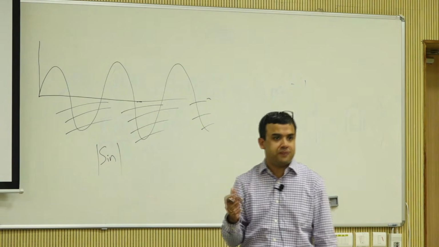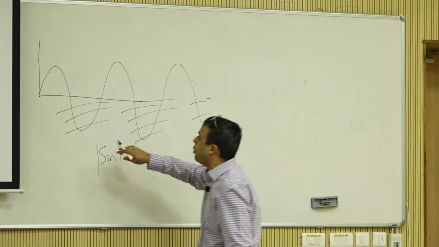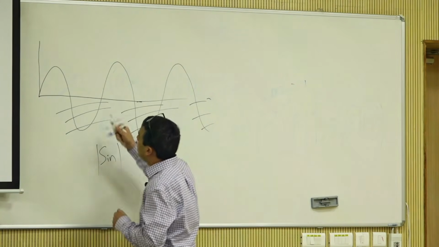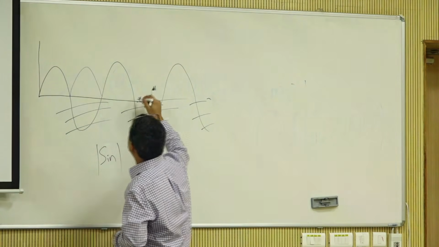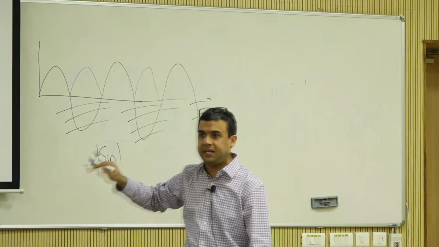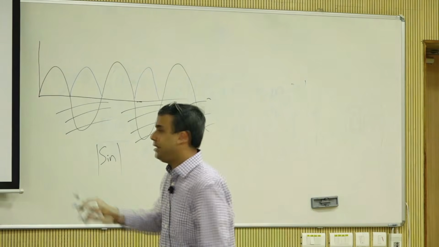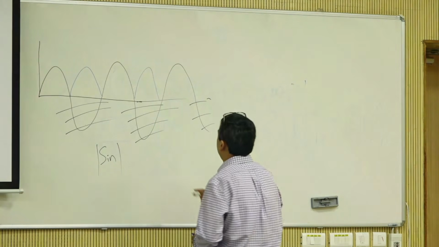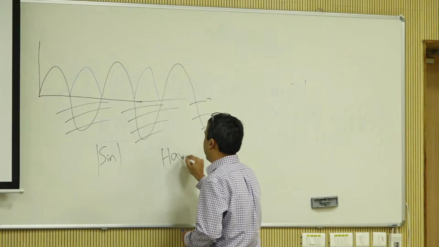If it was, this thing would just flip over and then you would have this. But that's not how a pavement is loaded either. So we use something called a Haver sine. We will get to that.